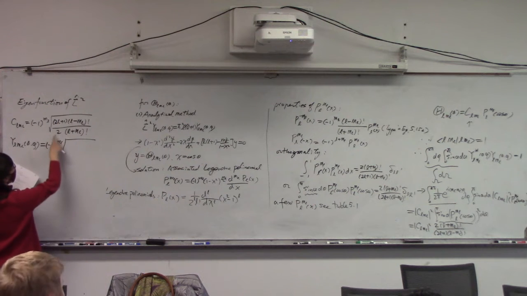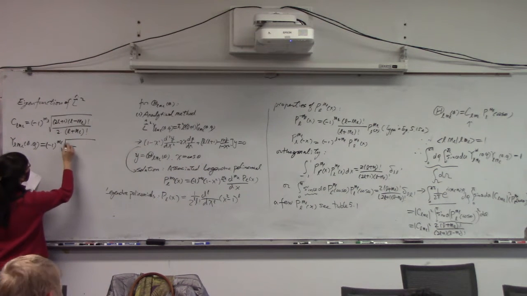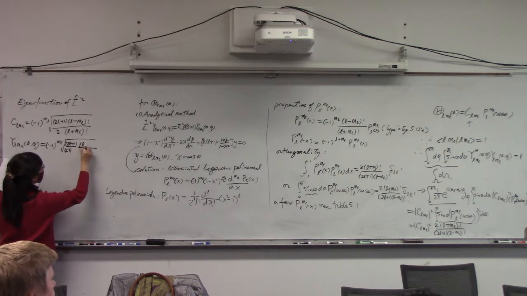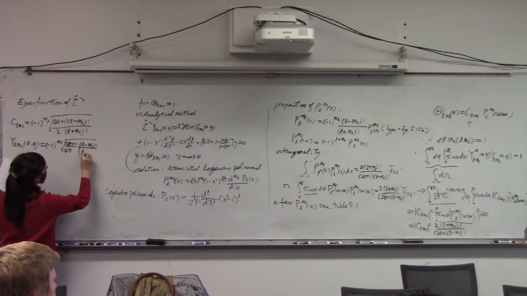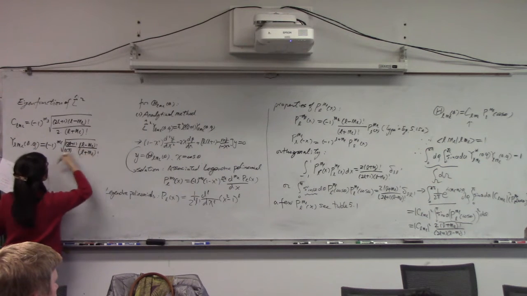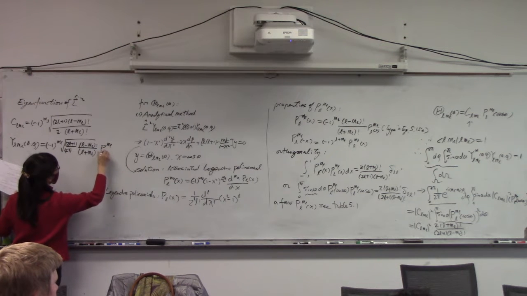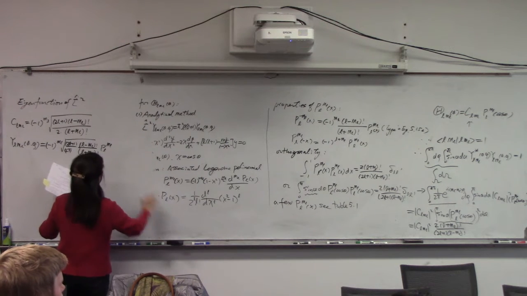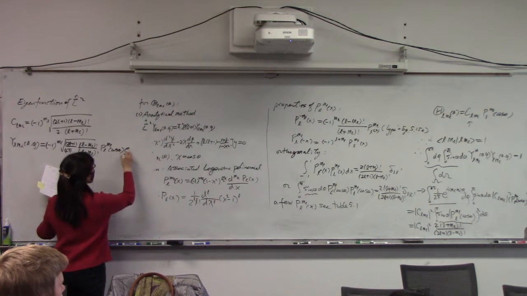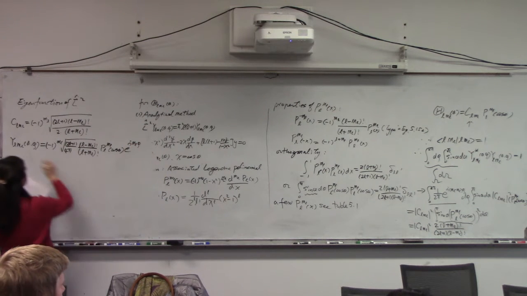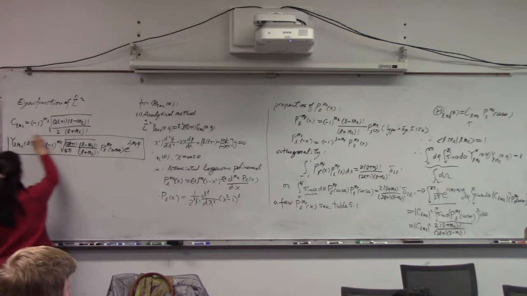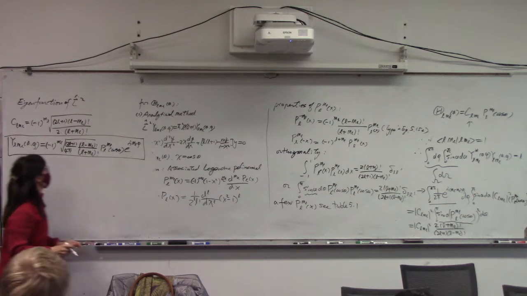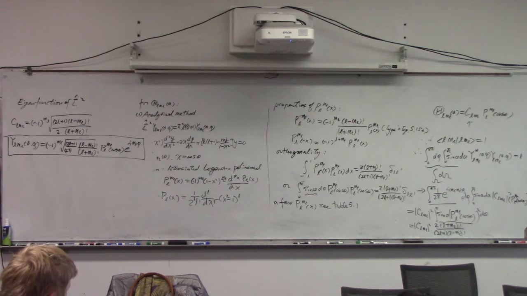So square root of 1 over 2 pi goes in here, so we have a 4 pi, 2l plus 1, and then this factorial, (l minus m) factorial over (l plus m) factorial, and then the P_l^{m_l} of cosine theta, exponential i m_l phi. So that is the final solution for the eigenfunction of L squared in spherical coordinates.